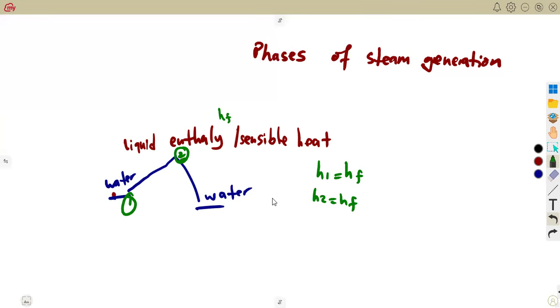As you consider these stages, guys, after the water has been heated, remember the temperature is increasing. We now get to where we start to see the steam. From there, you consider that as the wet steam.